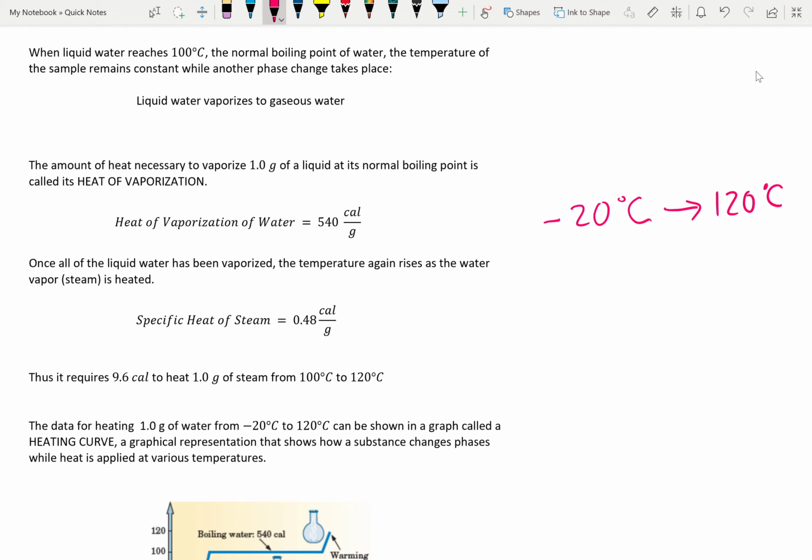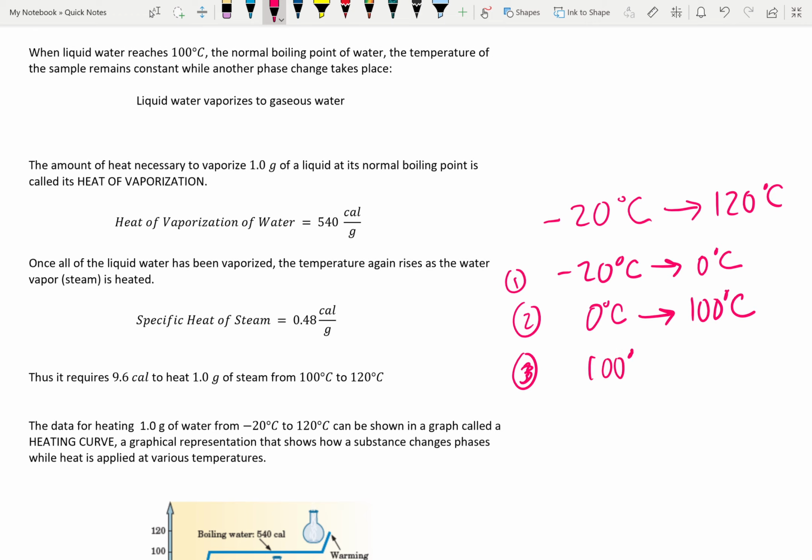So here's the steps. We go from negative 20 degrees Celsius to 0 degrees Celsius first. Then our second is 0 degrees Celsius to 100 degrees Celsius. And then we go 100 degrees Celsius to 120 degrees Celsius.